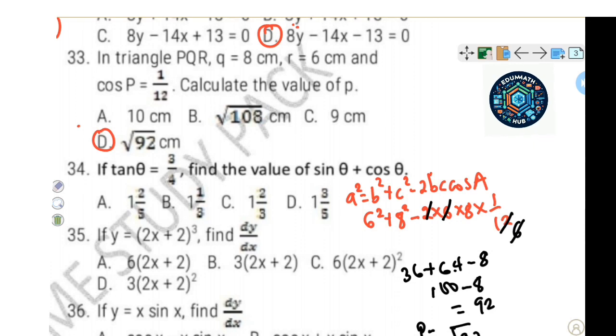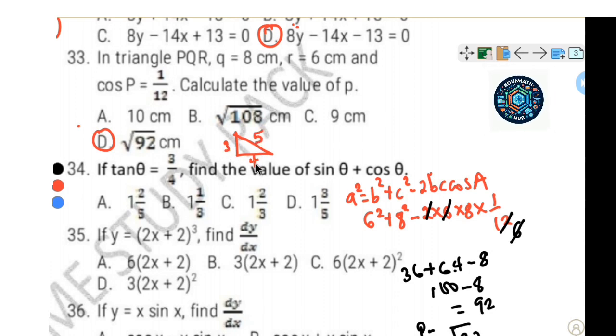Your triangle will now look like this. This is tan, so this place is 3, 4. Then here is 5: 3 times 3 is 9, 4 times 4 is 16, 16 plus 9 is 25, and the square root is 5. That's why here is 5. This place is theta.